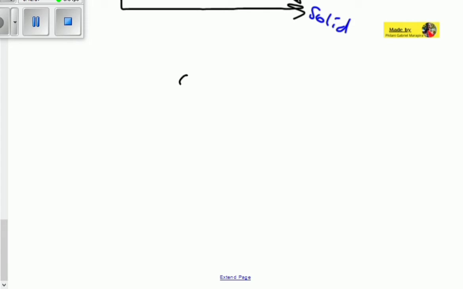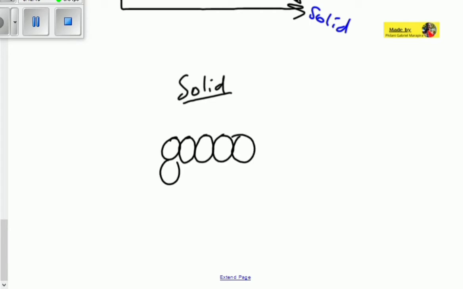Okay, let's actually look at the particle diagrams here. So we have got what? We've got a solid. So a solid actually has got particles which are closer to each other. So it means that they are built closer to each other. So this is building up a solid. Any solid substance you might know is built up of particles which are closer to each other. So they've got a fixed volume, or they cannot easily move.